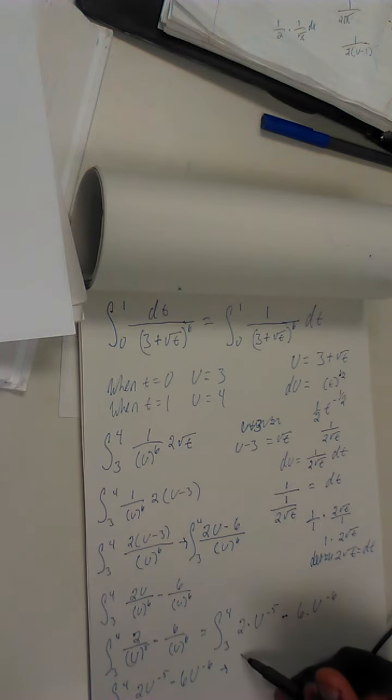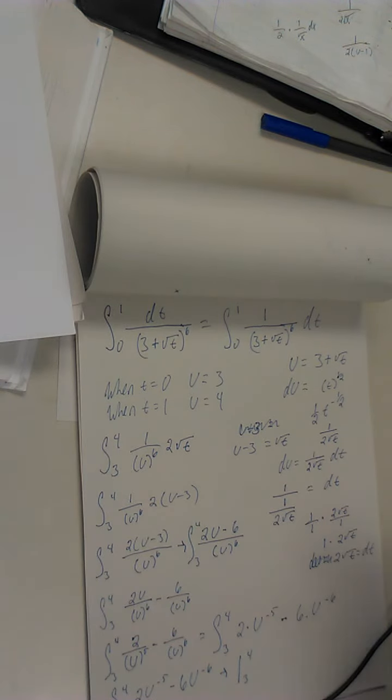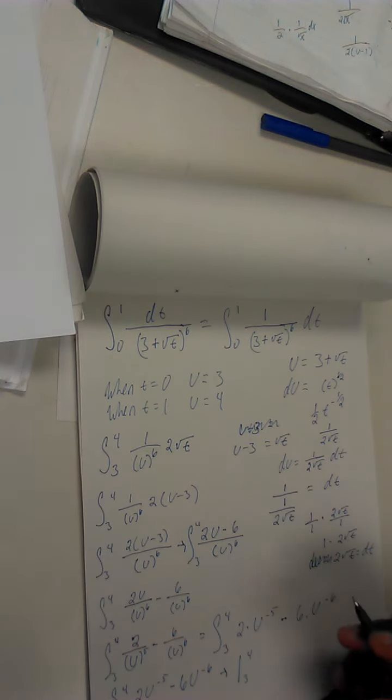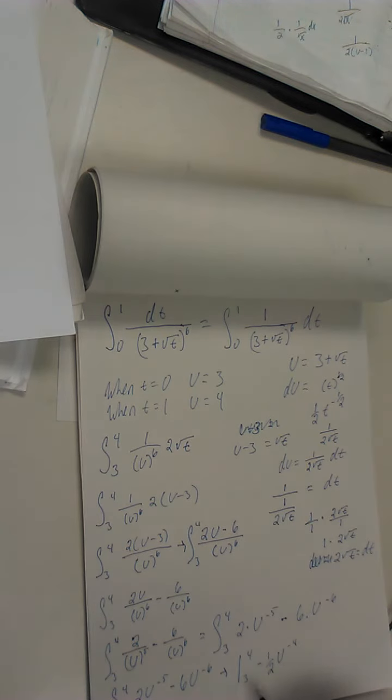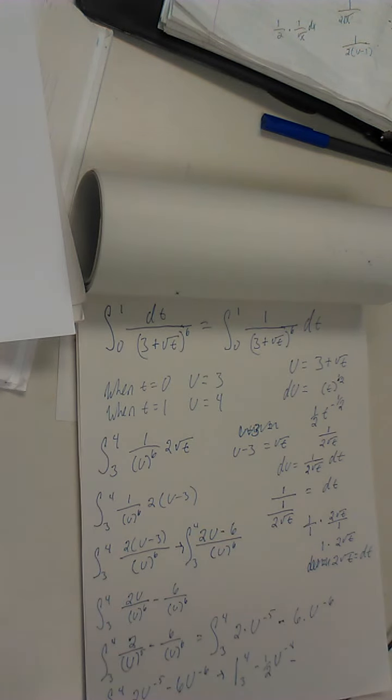So now we're ready to integrate. Negative 5 plus 1 is equal to negative 4. So looking at negative 1/4 times 2, 2 times negative 1/4 is equal to negative 1/2 u to the negative 4, and when you take the derivative of this, you get the original as a check. Now negative 6 plus 1 is negative 5.